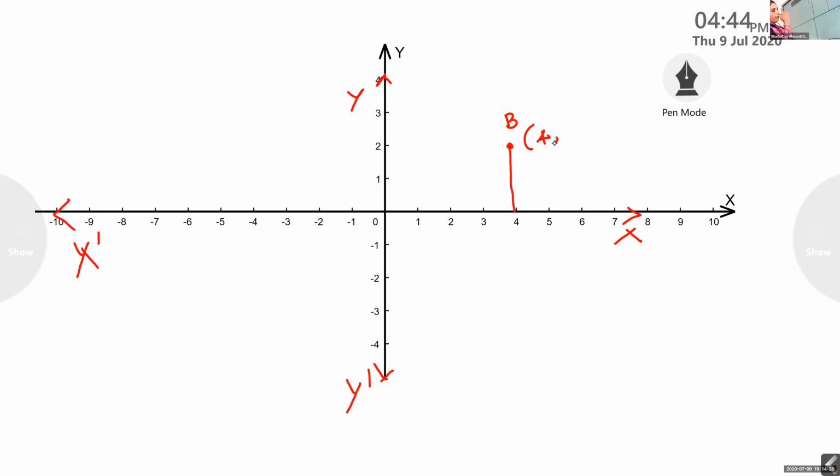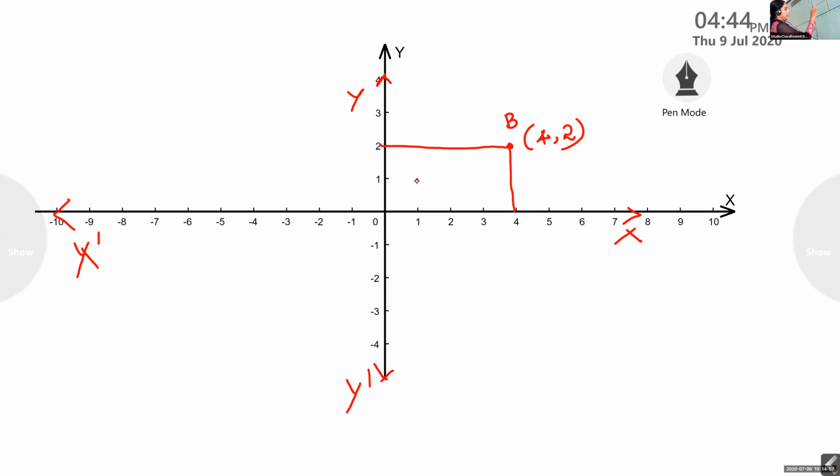Now, we need one more direction. Where will it be? 2. So when you draw, it will reach 2. So the position of B is 4, 2. Okay, children? Now, one more point I'll show you.